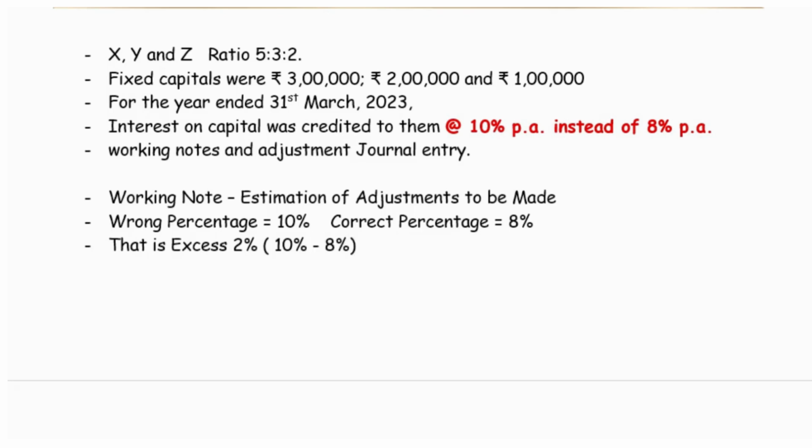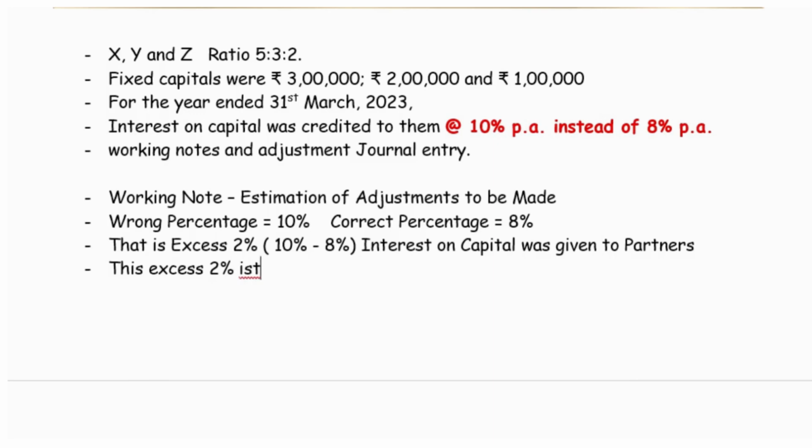Excess 2% of interest on capital was given to the partners. Excess 2% was given to partners. So this has to be taken back. So this excess 2% is to be taken back from partners.